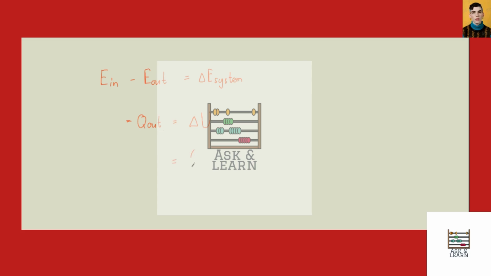Now this is equal to the change in internal energy of the water in the room plus the change in internal energy of the air in the room. Now remember that the air temperature stays constant, so delta U for air is 0.